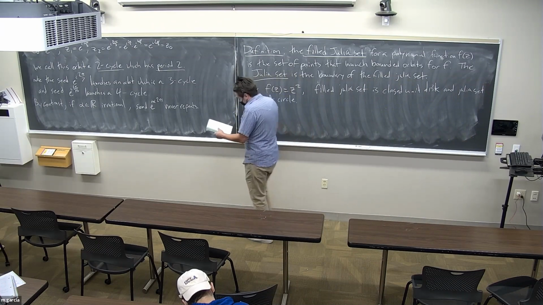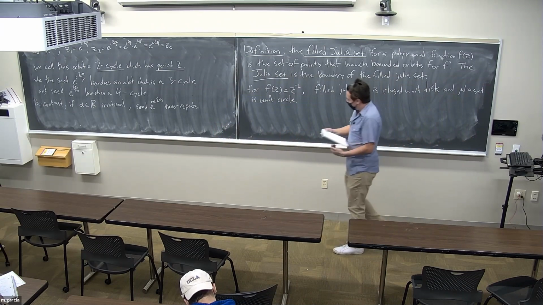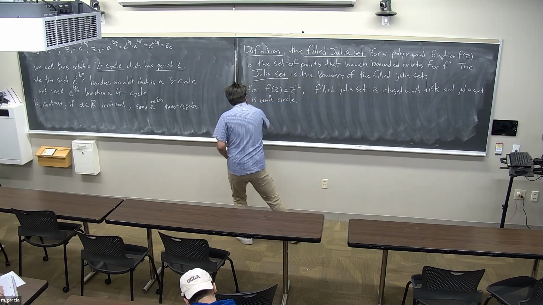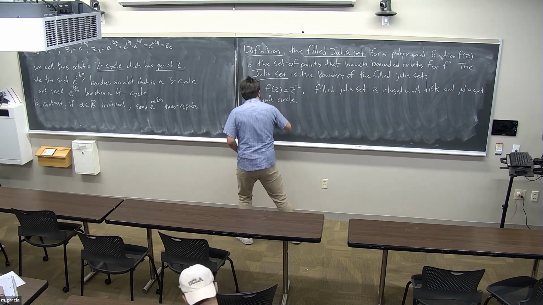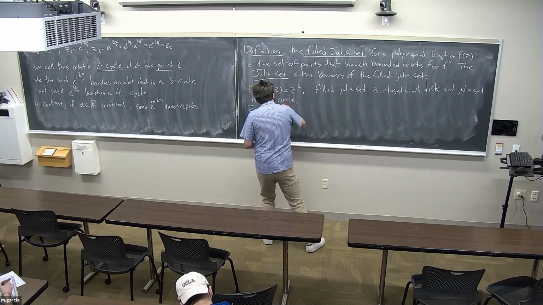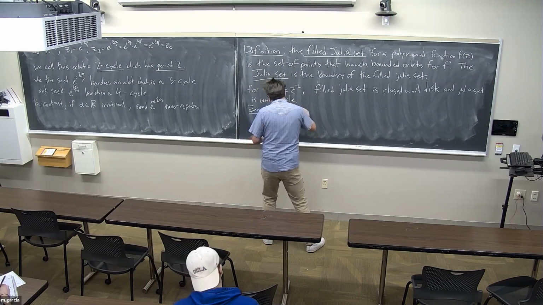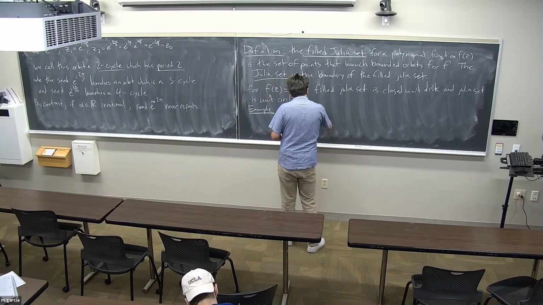Okay, really quickly, I think this might be the last thing we have to do today. Let's look at a different example. So let's let f of z now equal z squared minus 2.